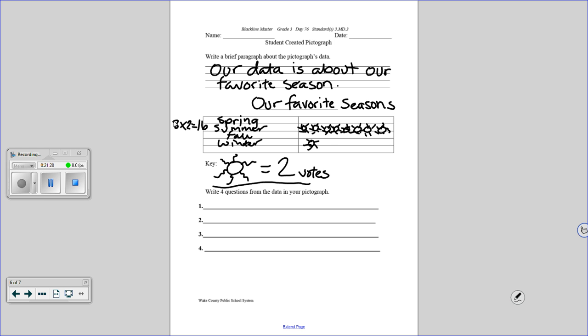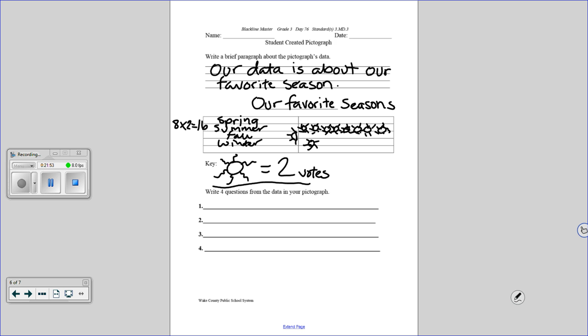That brings us to fall. I only had 1 friend vote for fall, but my whole sun is equal to 2 votes. How could I represent 1 vote when a whole sun is equal to 2 votes? Jackson, what do you think? We are going to do half a sun.